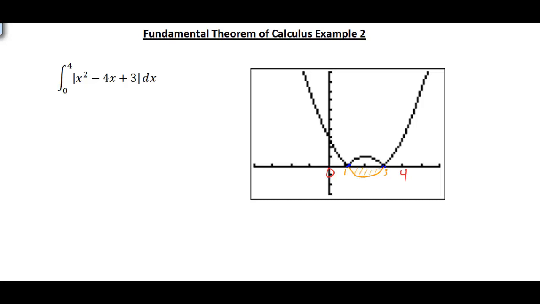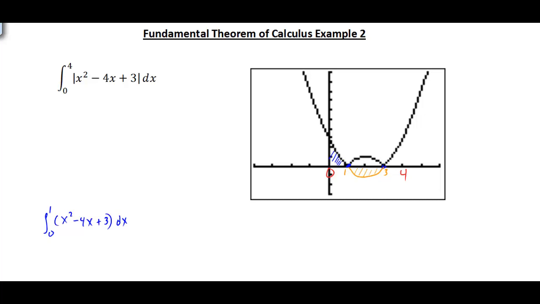So this is an example where we know that this is going to go below, so when we integrate, we could set this up as the integral from 0 to 1 of x squared minus 4x plus 3 dx. And we can integrate this piece normally because we know from 0 to 1 this part is already above.